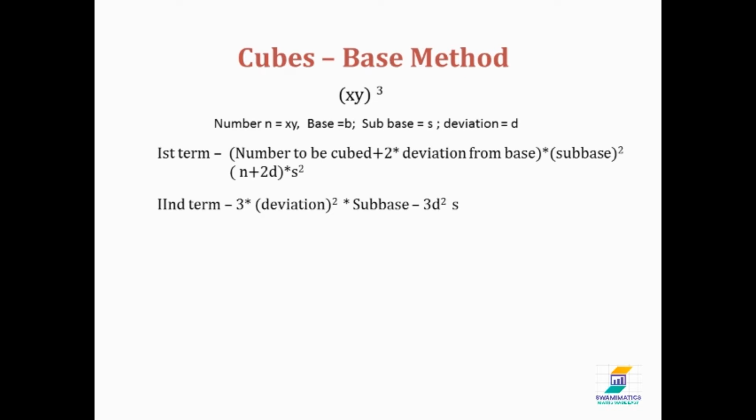Now, what is the first term? The number to be cubed xy plus 2 into the deviation from the base multiplied by the subbase square, or n plus 2d into s square. The second term is 3 times the deviation square multiplied by the subbase, which is 3d square s. The last term is the deviation cube.